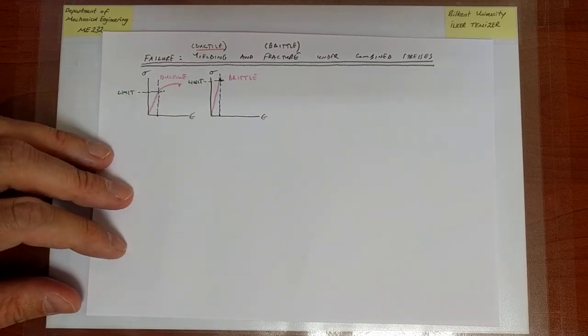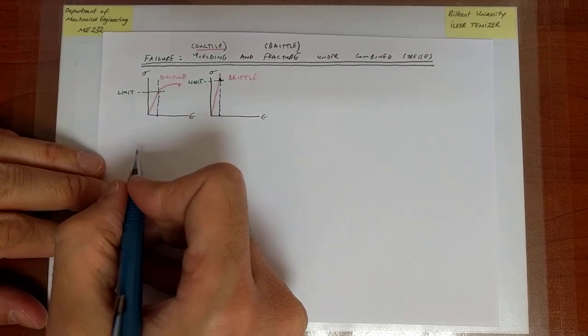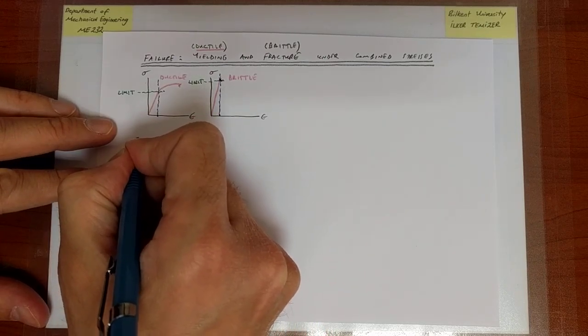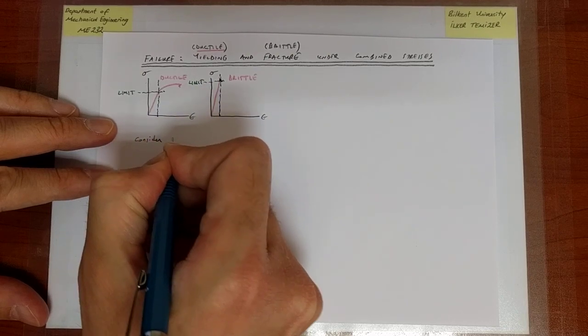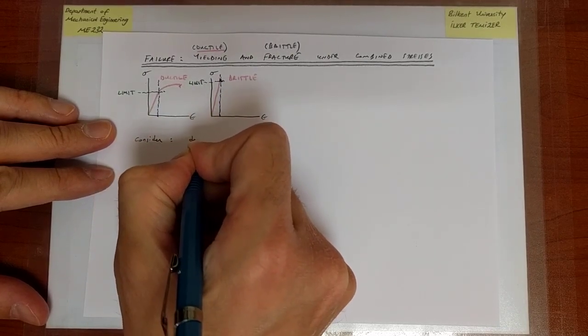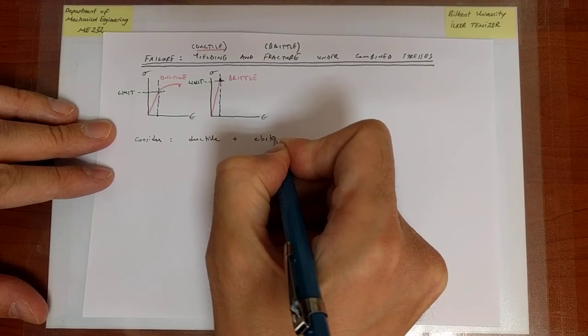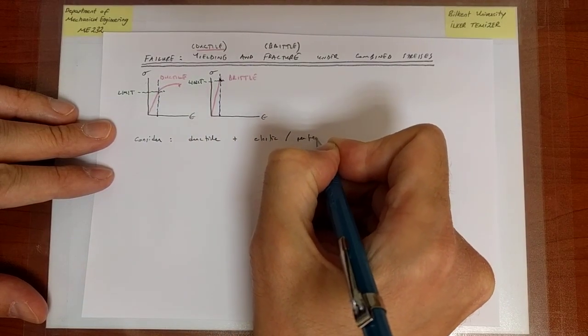So we're going to look at a number of special cases, and we are going to assume, as an example, a ductile material, as I said, plus elastic, perfectly plastic material behavior.